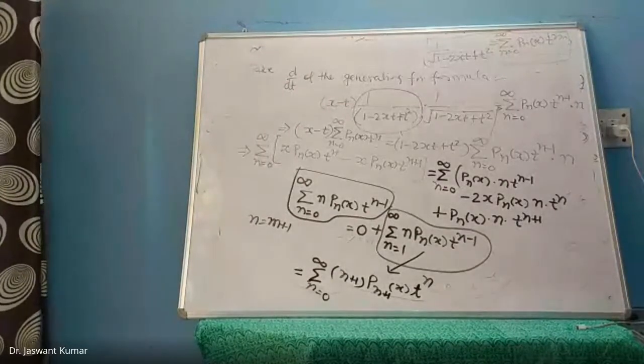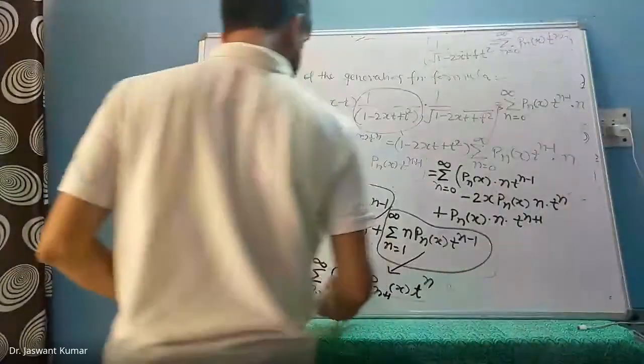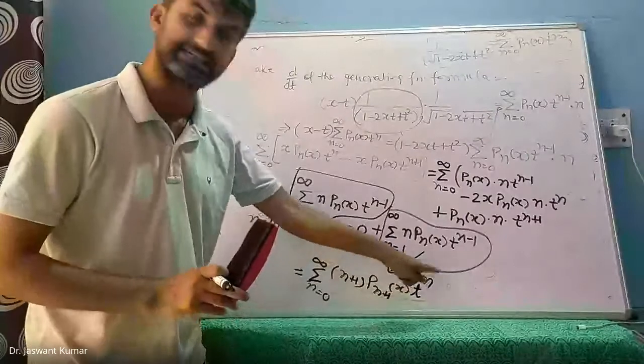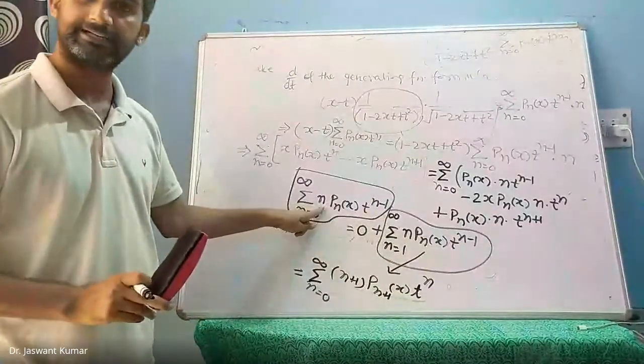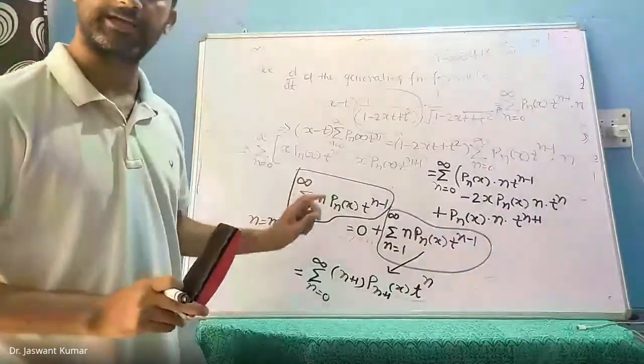Okay. So are you all happy with this? n plus 1 p n plus 1 x t to the power n, converted from n p n x t to the power n minus 1. Happy? Yes, sir.